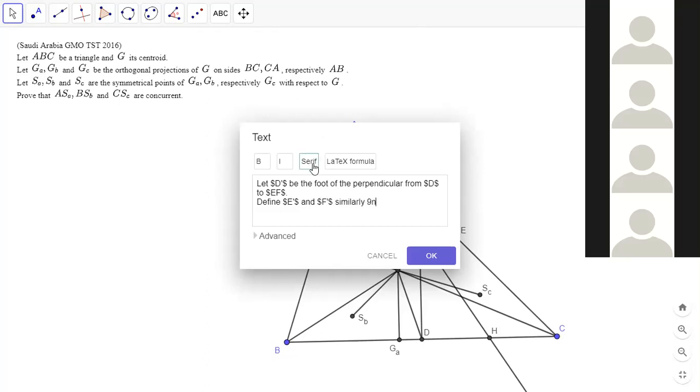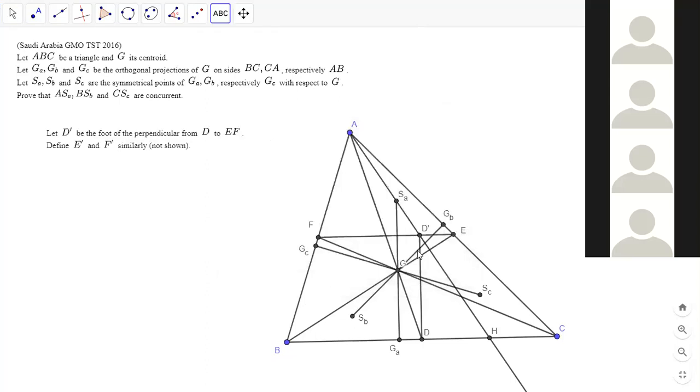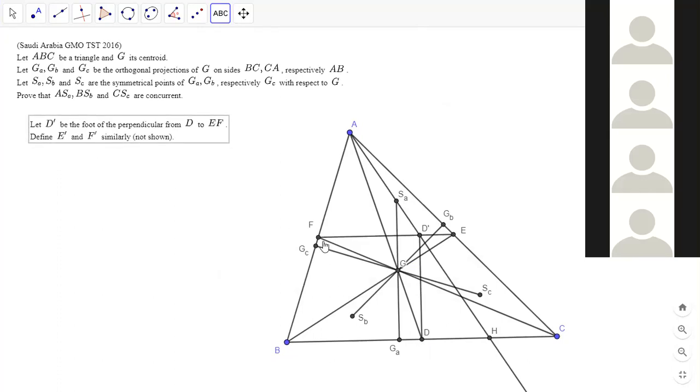I'll just say not shown. So the key idea is that we're showing A, S_A, and D prime are collinear. We know AG over GD... AG over AD is 2/3. That's well known.